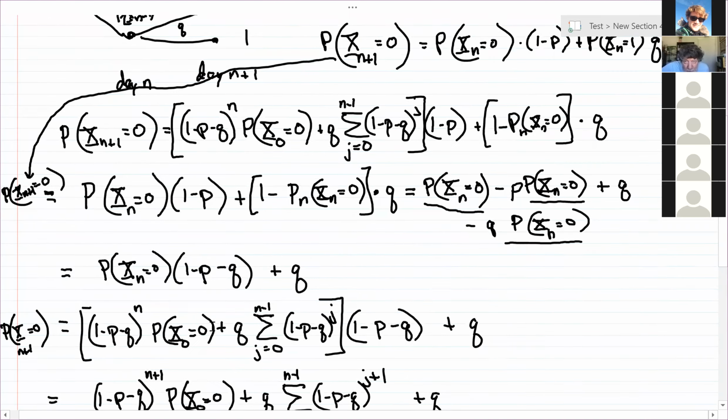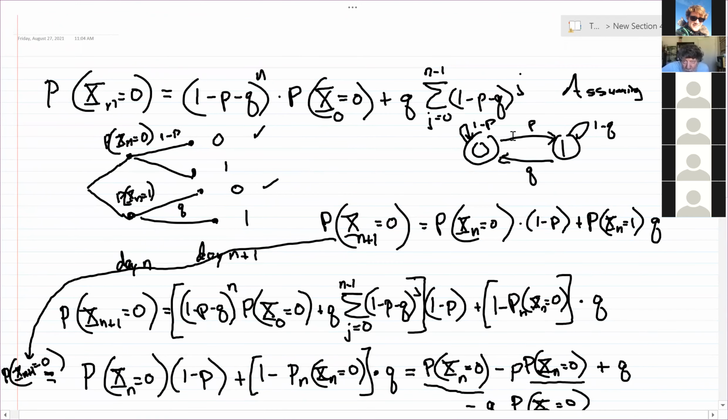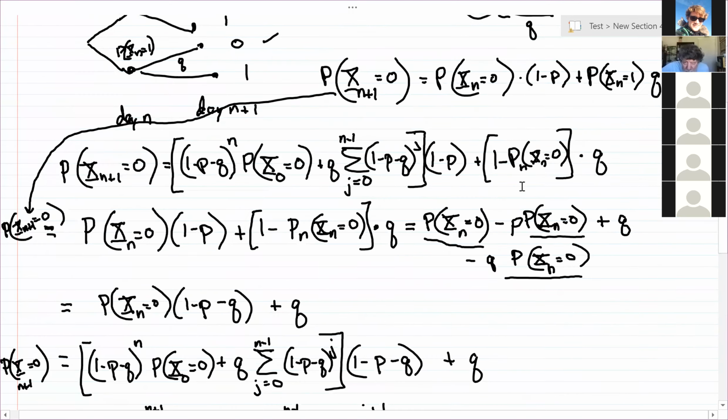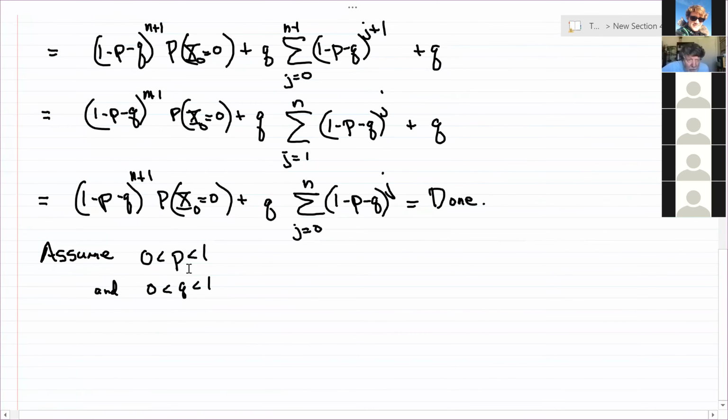What does that do? Well, if P were 0, then the diagram would look different. Once you're at 0, you can never leave because the probability of leaving would be 0. So that would really alter the way the diagram looks. And similarly, if Q was 0, you can never leave 1, and so forth. So these are extreme positions that we don't want to have happen. So we're going to assume that we have a proper probability, P and Q, proper meaning strictly between 0 and 1.